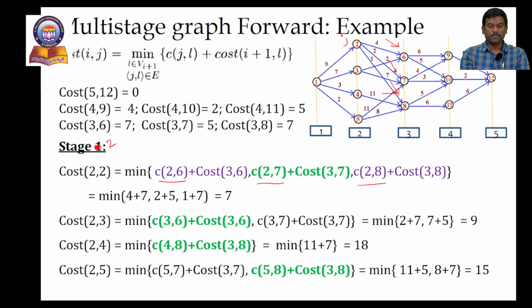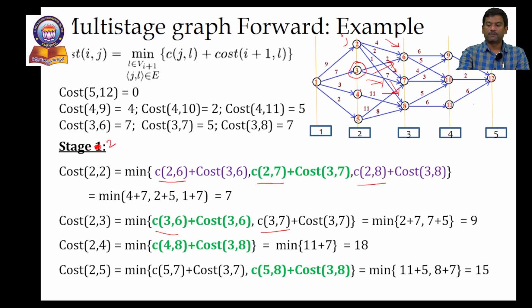And similarly, when you consider the third vertex 3, from vertex 3 we can reach to 6, we can reach to 7, and that is how we have used C of 3 comma 6 and similarly C of 3 comma 7.